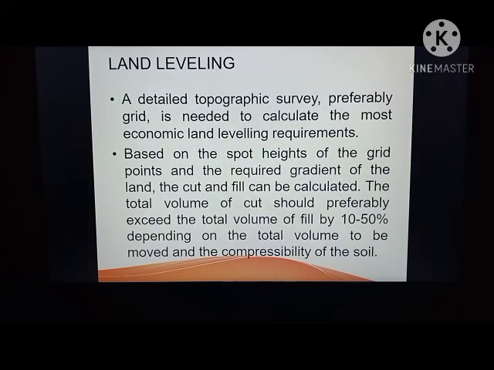A detailed topographic survey, preferably grid, is needed to calculate the most economic land leveling requirements. Based on the spot height of the grid and the required gradient of the land, the cut and fill can be calculated.